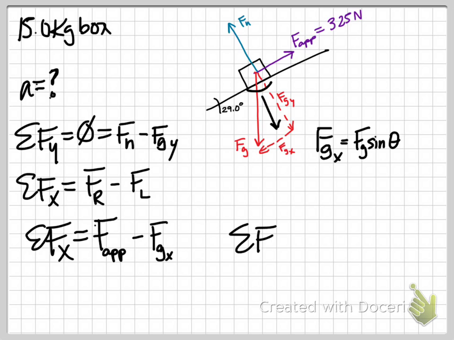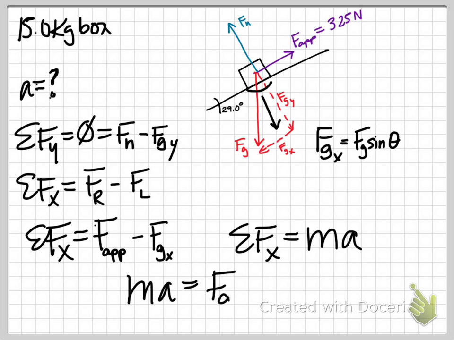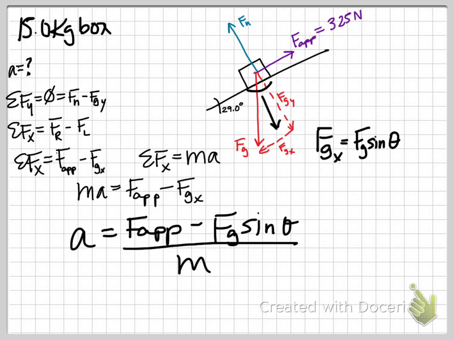And though we don't know if there is even any acceleration, we know that whatever the acceleration is, it's going to be on the x-axis, and whatever it is, the sum of forces on the x will be equal to it. So now we'll do ma equals force applied minus force of gravity on the x.